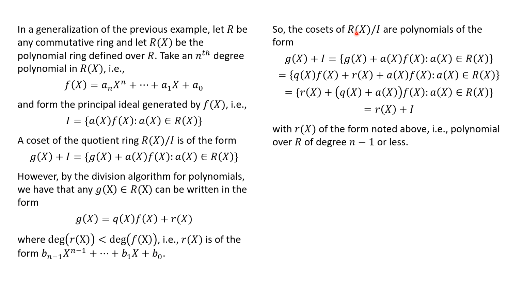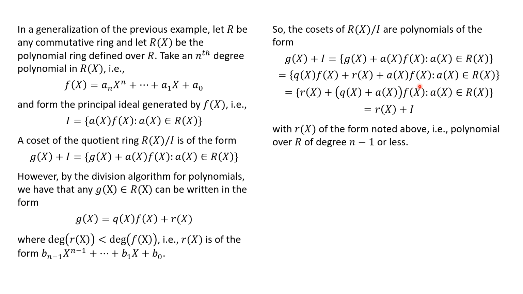So the cosets of the quotient ring R[x] modulo I are polynomials of the form g of x plus I, just taking what we've written here over, but then we can plug in this for g of x, which I've done, and then you can collect the third term and the first term, and they both have a factor of f of x.